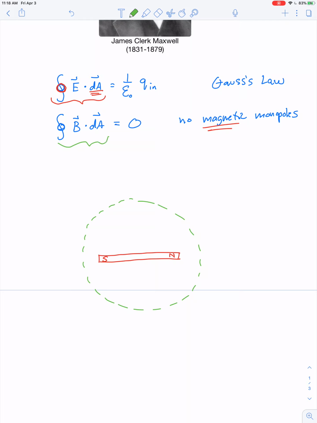Well, let's see. There's some outward flux, and there's some more outward flux, and there's some more, oh, it looks like I've got flux. But then again, that field line's going to wrap around on itself, and that outward flux over on this side of my surface is going to be canceled by the inward flux over on this side.